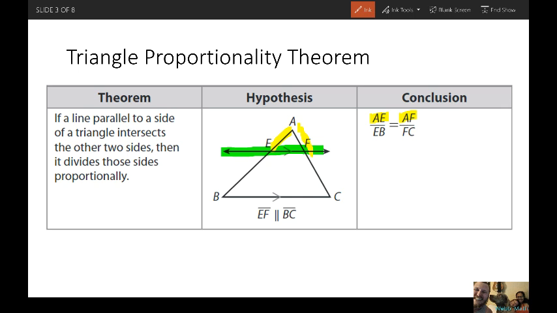Normally a nice habit is putting AE over AF, but the book likes to do it where AE is equal to AF, and then you talk about the longer sides in the denominators. So AE is proportional to AF, and EB is going to be proportional to FC. And that's how they set it up, okay?